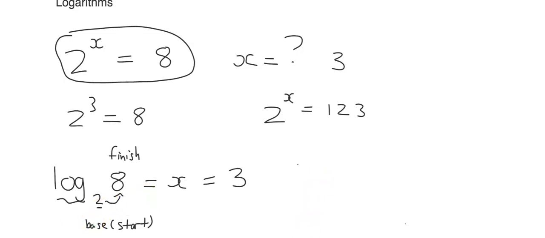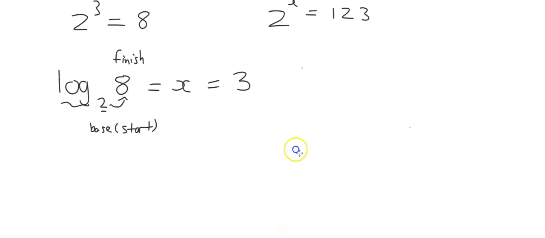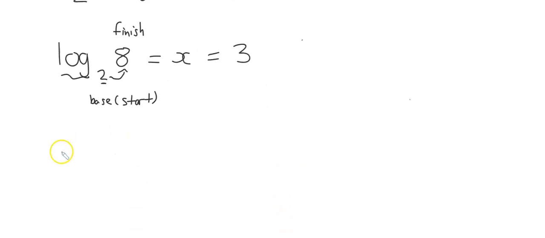Let's look at a few more examples like this. If we wanted to work out log of 9 to base 3, again, if you put this in a calculator you would get the answer. But because the numbers are nice, we know that the answer is going to be 2.